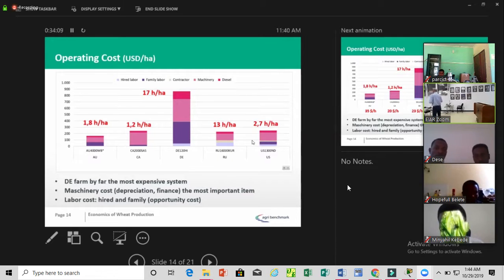And the other factor which leads to this very high value is they have an enormous bureaucracy.